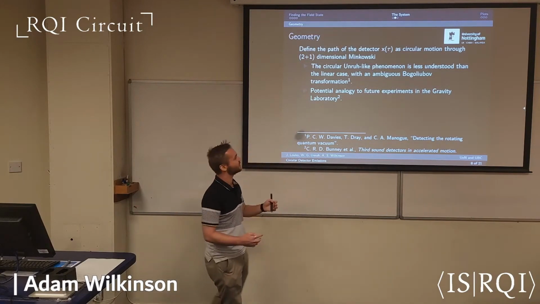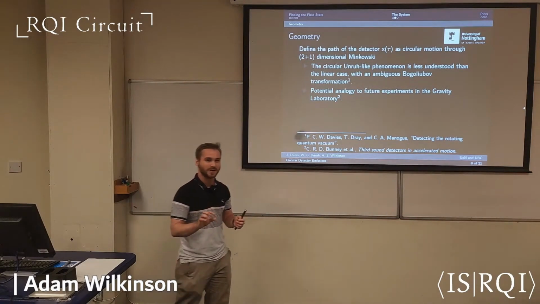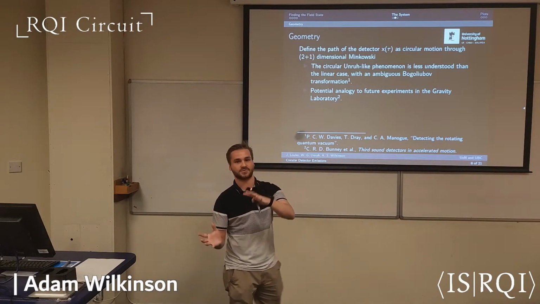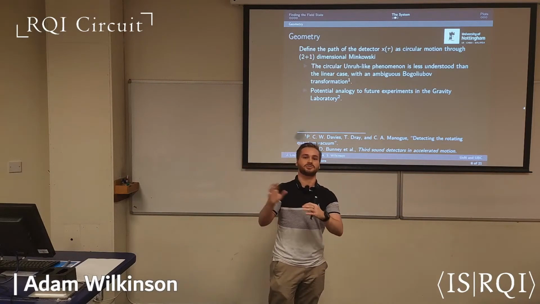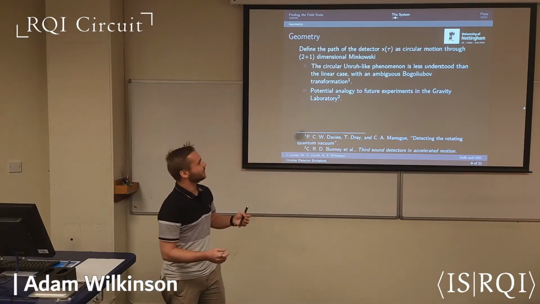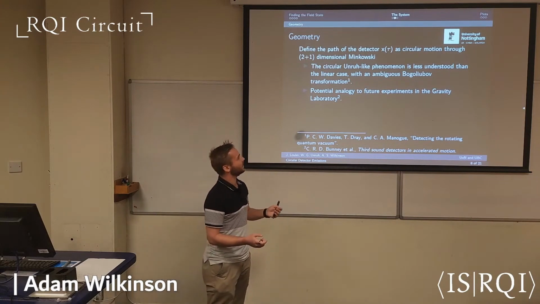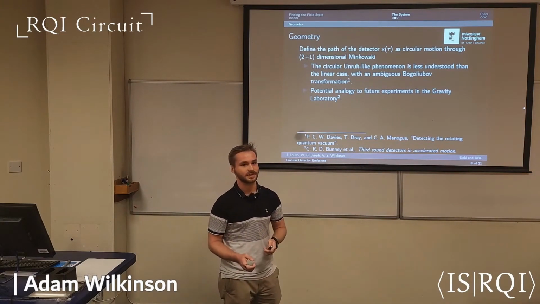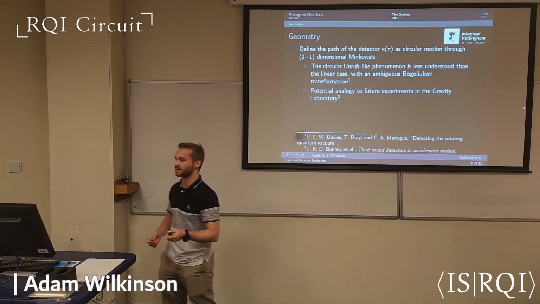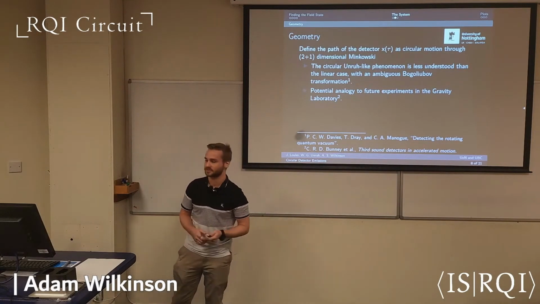It's not as well behaved and as clean. There is this notion of a Bogoliubov transformation, which is how you can derive the Unruh effect in full in the linear case. That notion is ambiguous in the circular case, which means that directly finding anything in the traditional way is much more difficult.